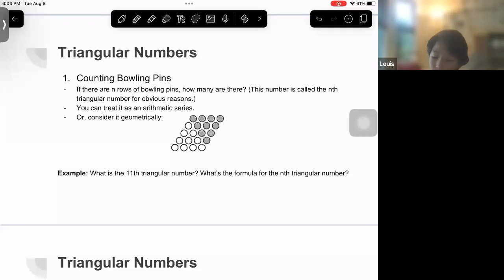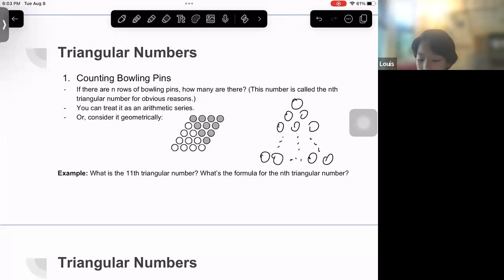This is called the nth triangular number because the bowling pins are like 1, 2, 3, and then 1, 2, all the way up to n bowling pins. So obviously, this is an equilateral triangle, so that's why it's called a triangular number.